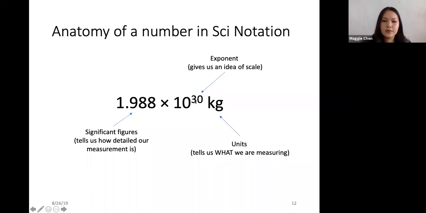We know that 10 to the 30 is really big, but if it's 10 to the negative 30, that's past the decimal point, we know that's going to be really small. So the exponent gives us an idea of scale. And finally, at the end, our kilograms are our units. So it tells us what we are measuring. Kilograms is very different from centimeters or from seconds. So our units are very important. At the end of your calculations, please make sure that you have your units so we know what we are talking about, what we are looking at.